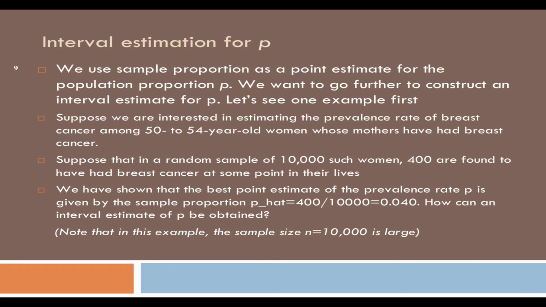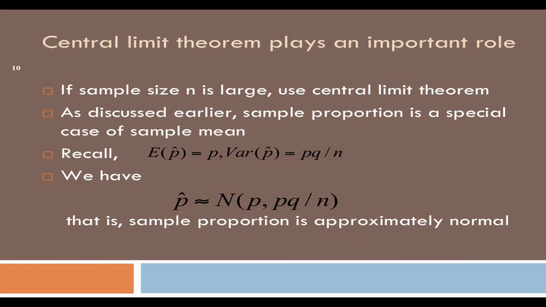In the same example, how do we get that confidence interval? Use the central limit theorem here because P hat is essentially a mean estimate. So P hat can be viewed as this normal distribution with this mean and this variance. What I wrote there is the standard error.